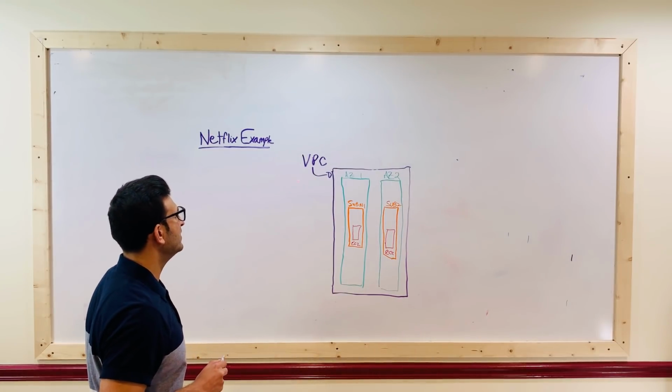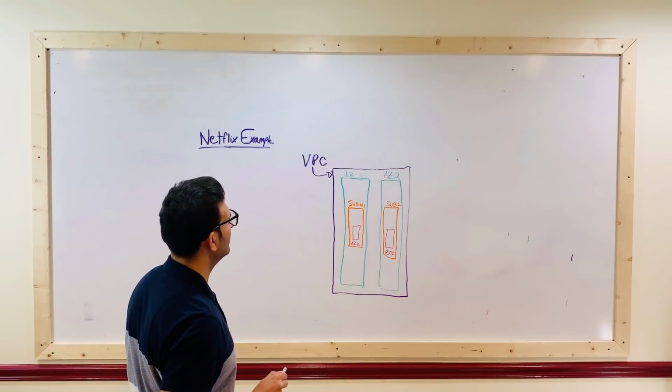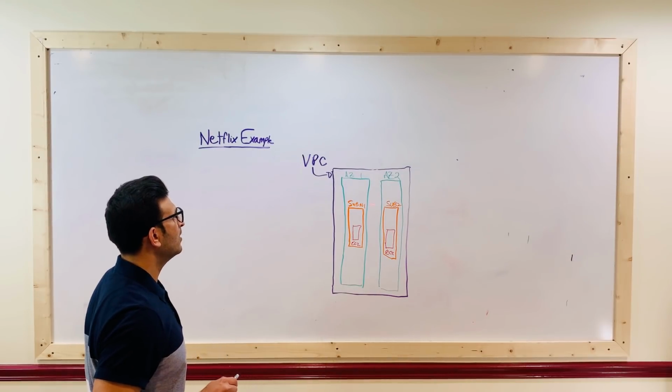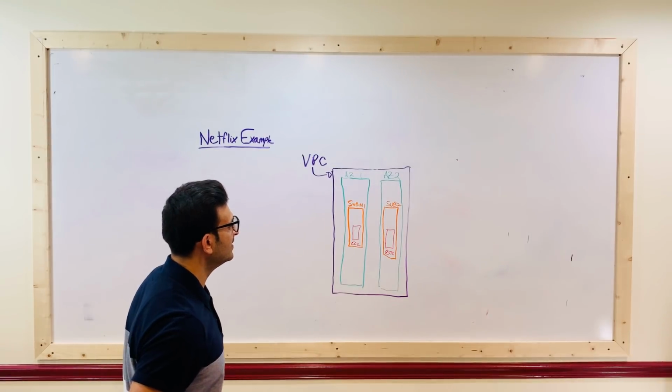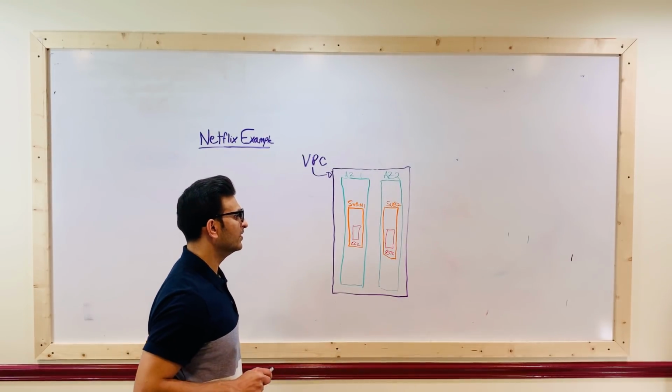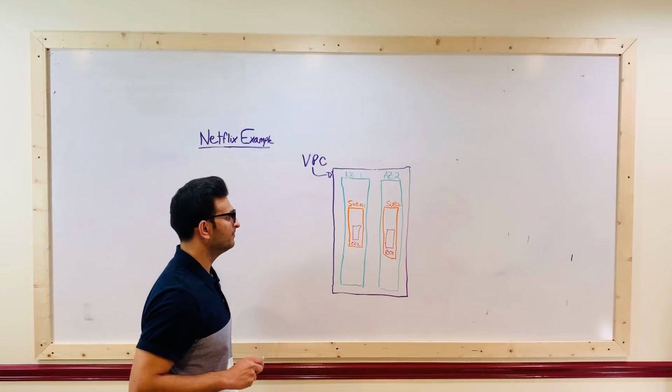So here's your VPC, here are your 2 availability zones, here are your 2 subnets, and here are your 2 instances, which are also known as EC2 or the compute of AWS.